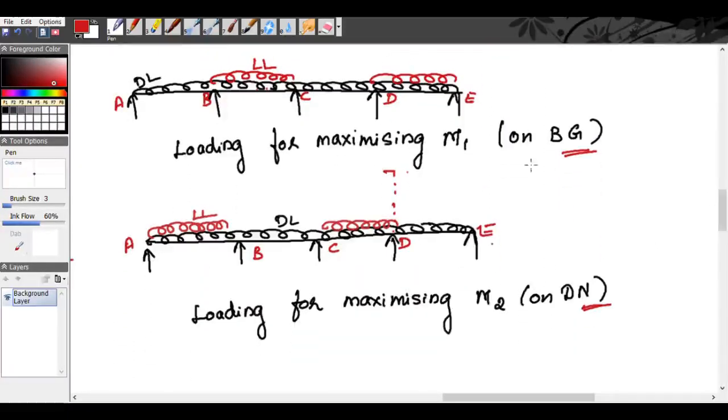Here the loading condition is that in the span CD you will have the live load and the alternate loads.